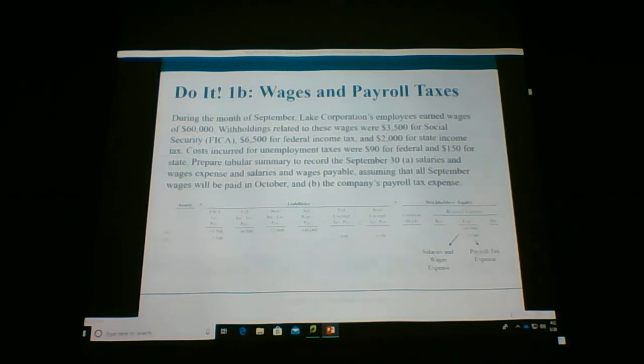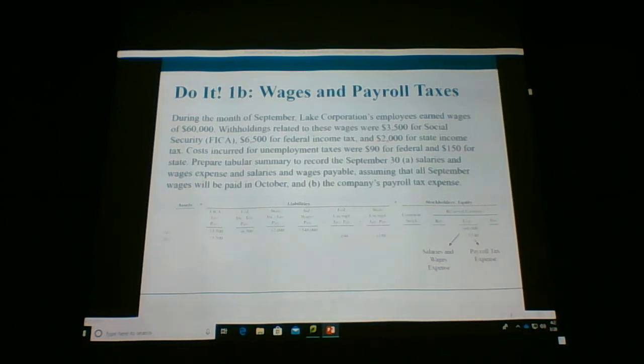But we can still look at the example. It says during the month of September, Lake Corporation's employees earned wages of $60,000. That's called gross pay. Withholdings related to these wages were $3,500 for Social Security. That would actually be Social Security and Medicare, I believe.